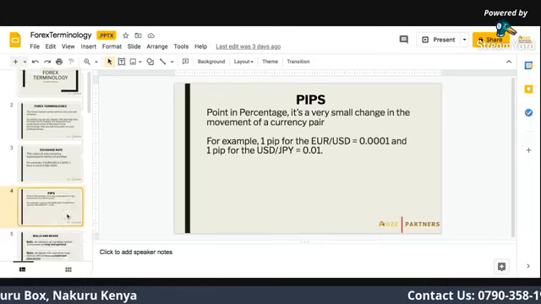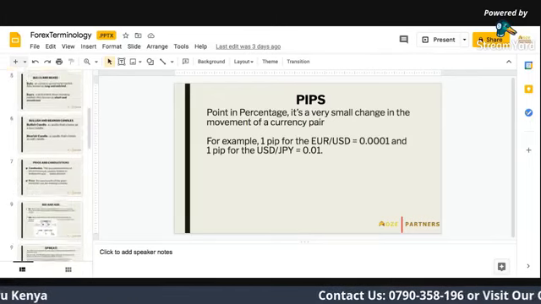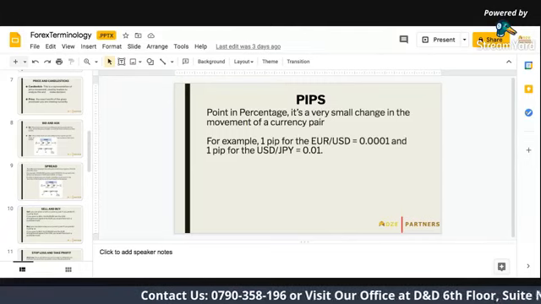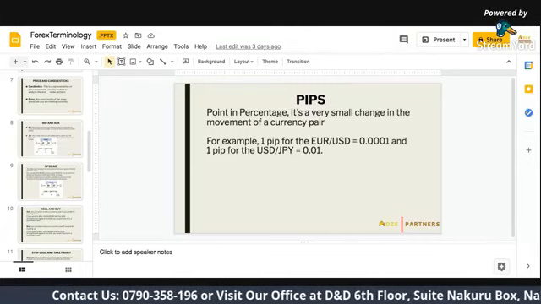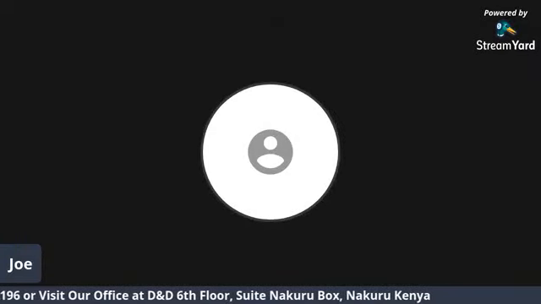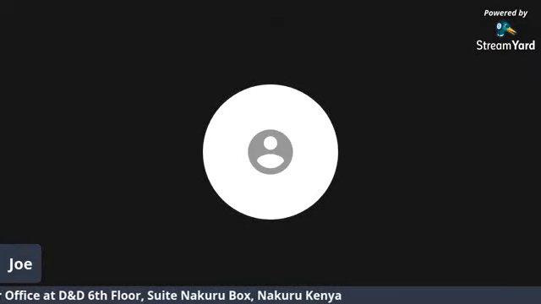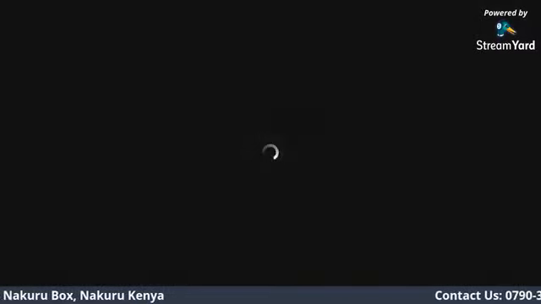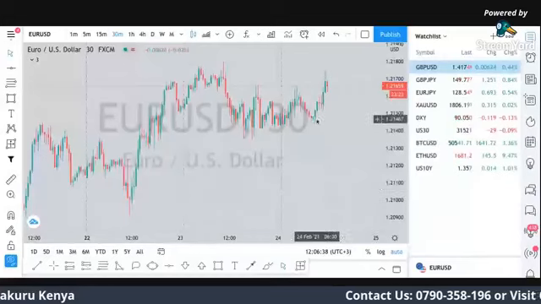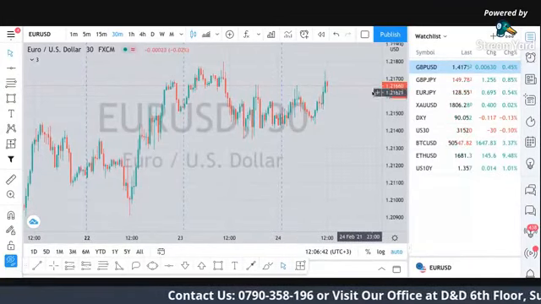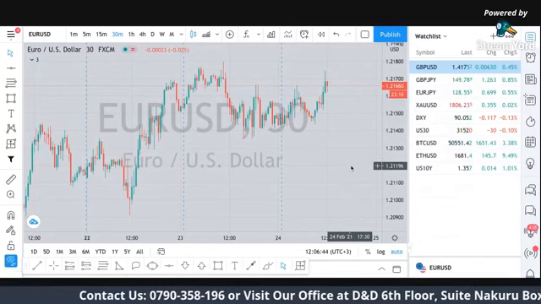Let me share something. Let's have a look at this chart. This is the current FX market. So in this example, currently Euro is priced at 1.2166.